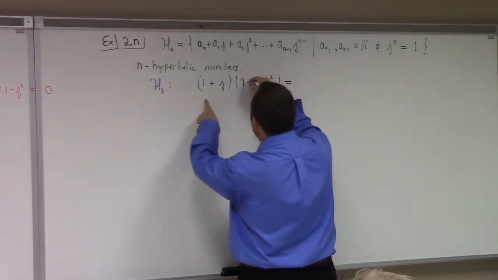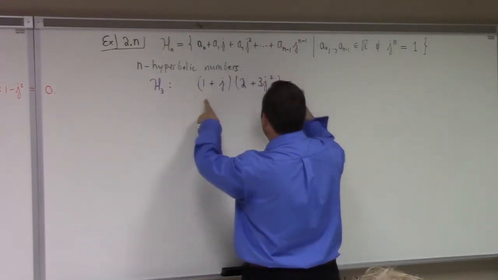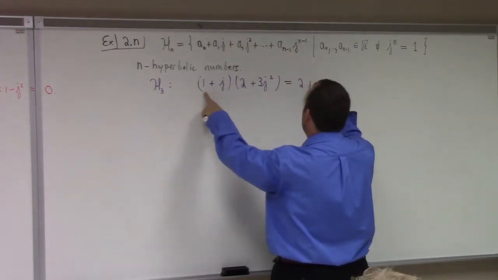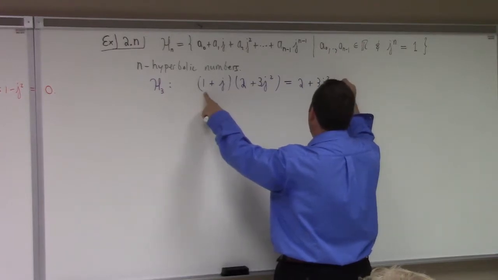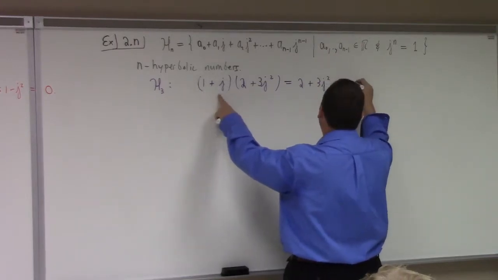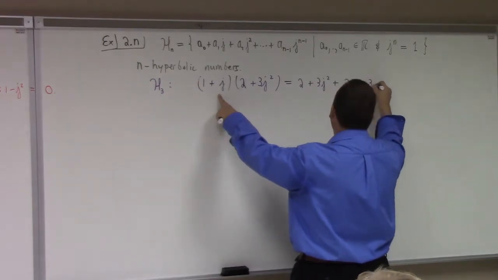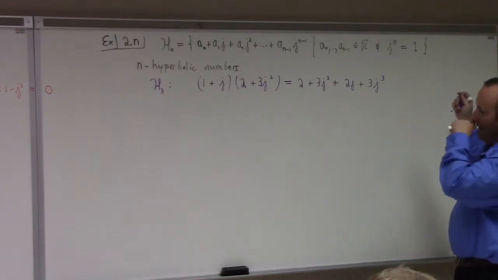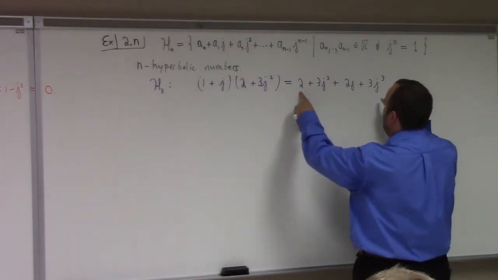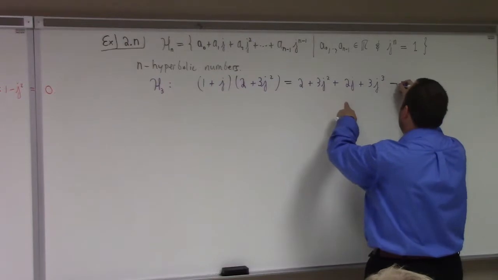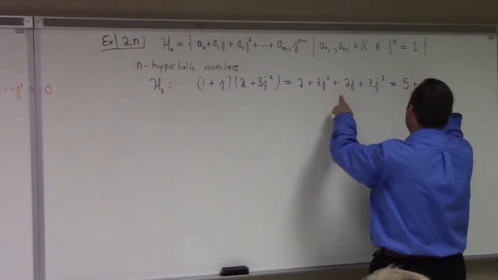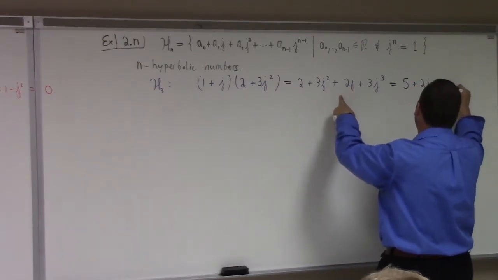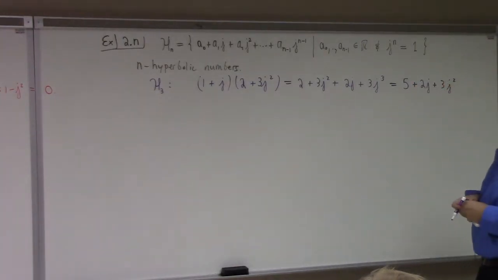I'm going to put a 2, and a 3 over here so you can see better what I'm doing. So 1 times 2 gives me 2, plus 3j squared, and then plus 2j, plus 3j cubed. We just distribute like normal, and then collect things. j cubed is 1, so we actually get 5 plus 2j plus 3j squared. So there's a typical product in the 3 hyperbolic numbers.